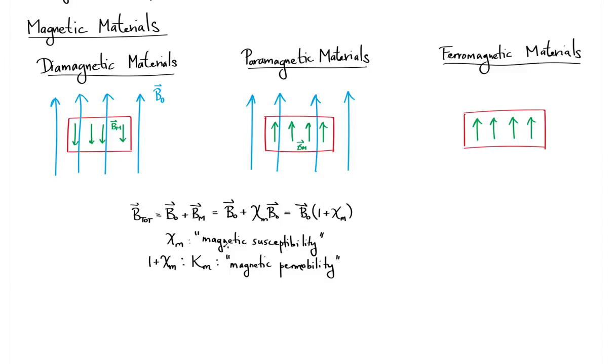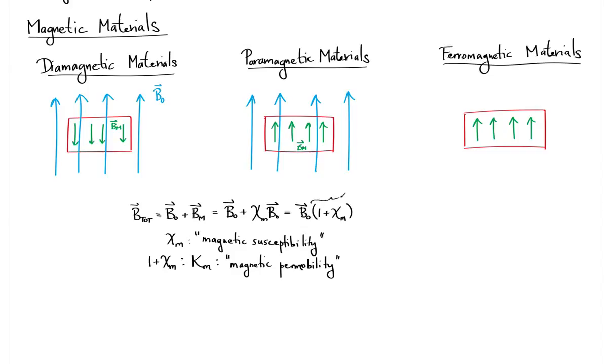But yeah, so basically chi sub m, you can think of this as how much extra the diamagnetic or paramagnetic material is helping or fighting the external field. So it's sort of that little extra bit. Kappa sub m is sort of the entire behavior of the applied field plus the helping or fighting of the diamagnetic or paramagnetic material.